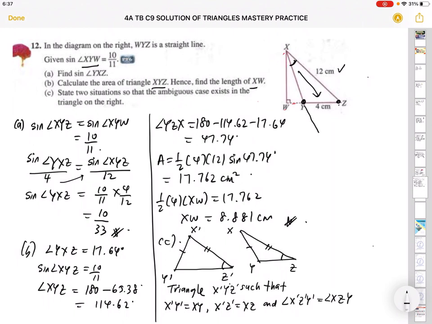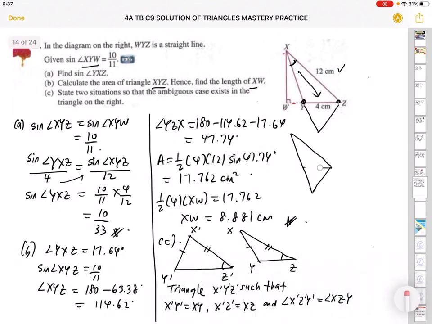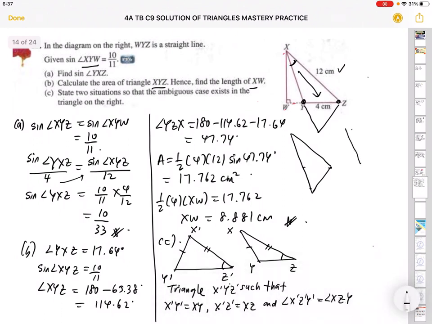So the first triangle looks like this. I don't have to draw the line here, so I erase this. The second triangle will be this. Can you see? It is the same as this triangle here, just that one is flipped in the other direction.